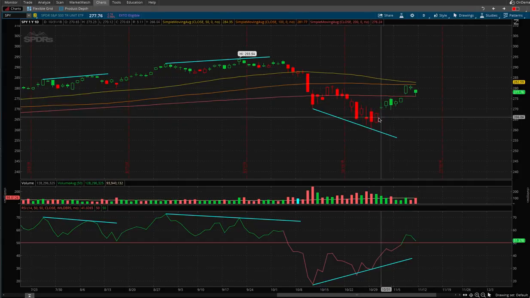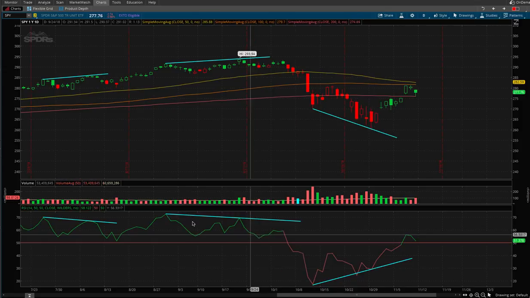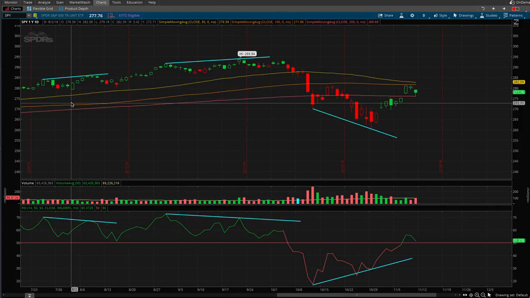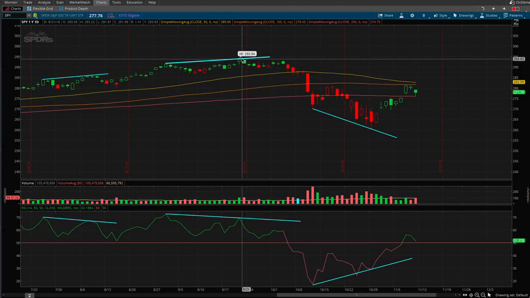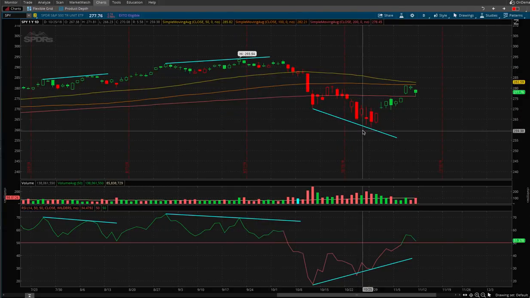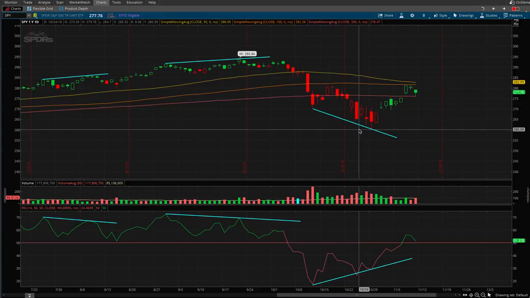A 20-point move off this divergence here, and even off this divergence here, right? We had a $5 move, right? And off this divergence here, we had a big $30 move, okay?